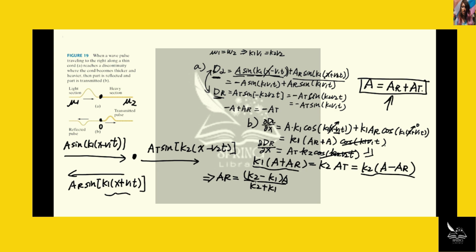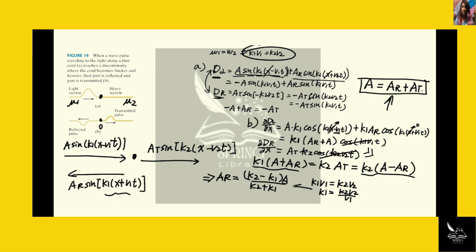The next thing is that we want to translate k into v. How do we do that? We have k equals 2 pi over lambda. Actually, we should probably use this equation instead: k1 v1 equals k2 v2. So we can represent k1 as k2 v2 over v1.